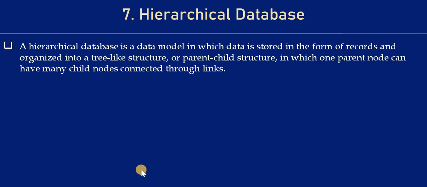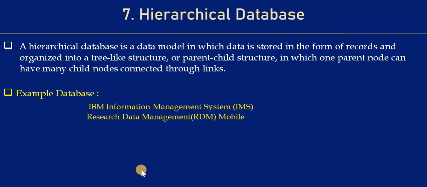The next one is hierarchical database. A hierarchical database is a data model in which data is stored in the form of records and organized into a tree-like or parent-child structure, in which one parent node can have many child nodes connected through links. A few examples of hierarchical databases: IBM Information Management System, IMS, Research Data Management, which is RDM, mobile.